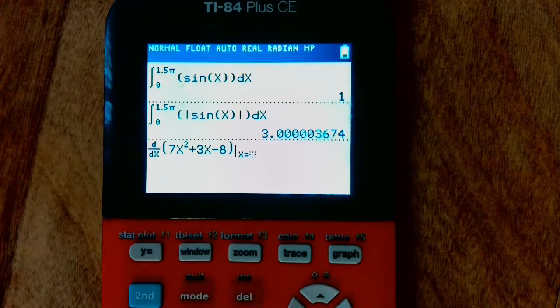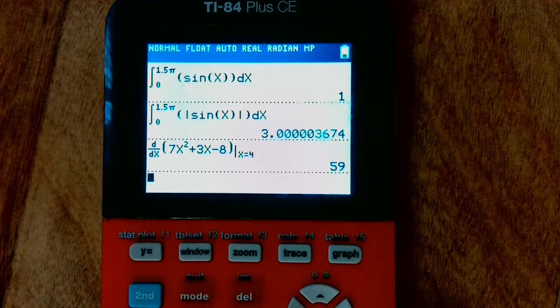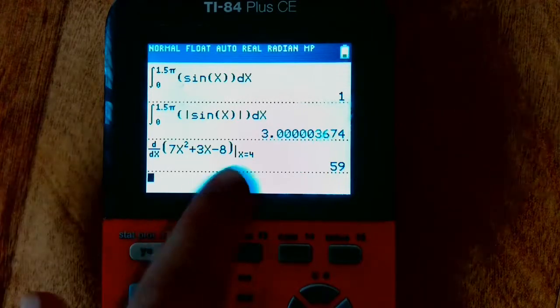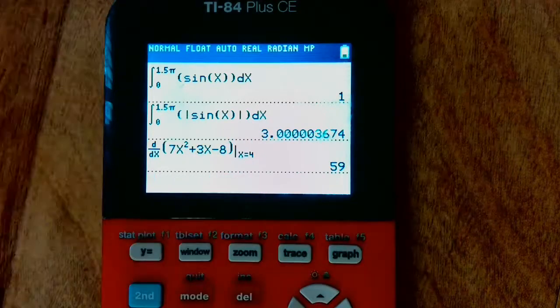Now the downfall of this is it's only telling you the derivative at a particular number. So it won't take the derivative for you and tell you the derivative. It's only going to tell you the derivative, say at x equal 4, the derivative is 59. So you should recognize this notation here from the ones we did in class. That means plug 4 in for the x value after you take the derivative.